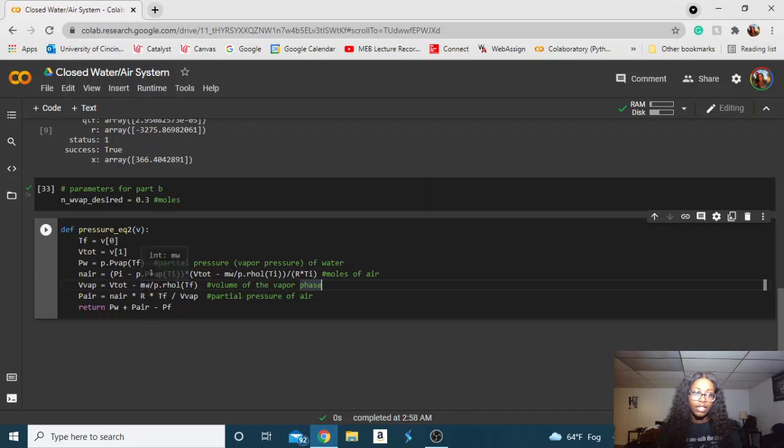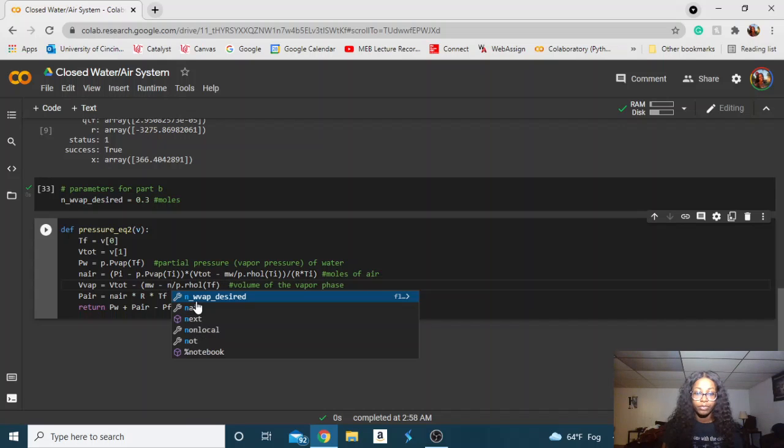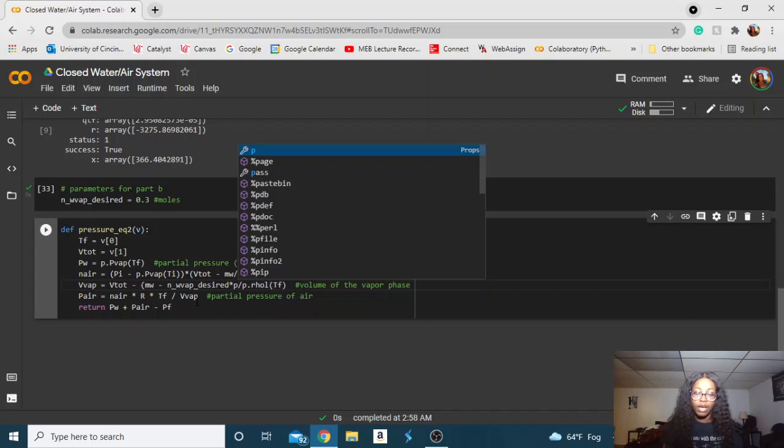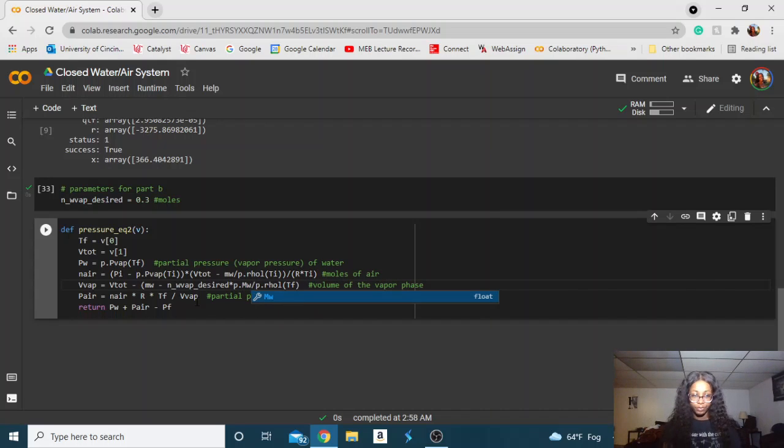And then next we have to change our equation for the volume of the vapor phase, because we knew that with 0.3 moles of water vapor desired, we had to subtract that from the initial mass of water that we started with, and then multiply it by the molecular weight of water.